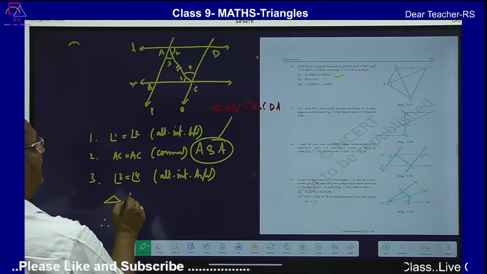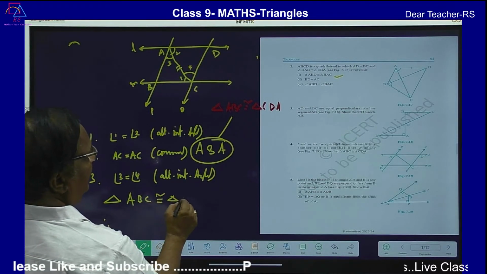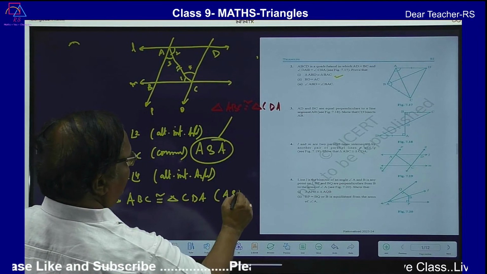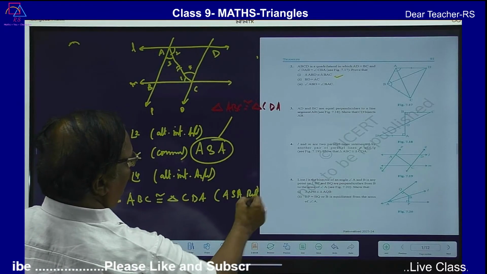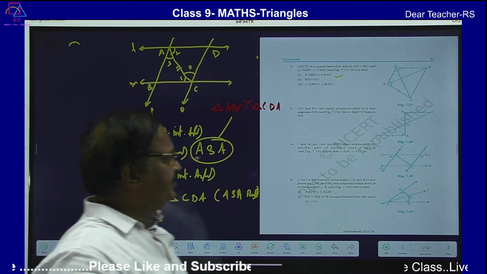Therefore triangle ABC is congruent to triangle CDA by ASA rule. That's it. Very simple question.